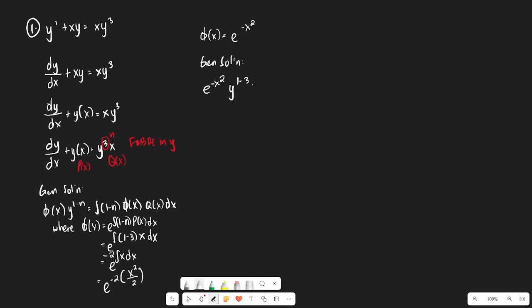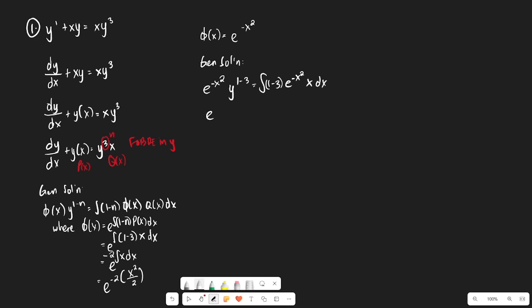Our n is 3, is equal to 1 minus 3 times your phi, which is e raised to negative x squared, and your q, what's your q? That is x dx.